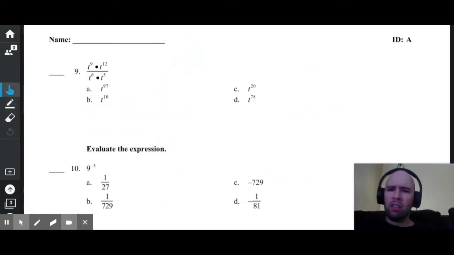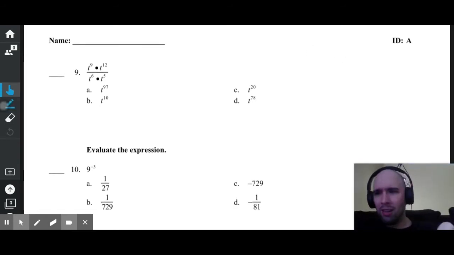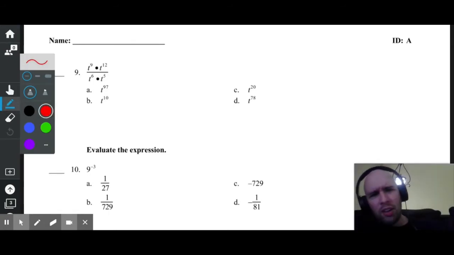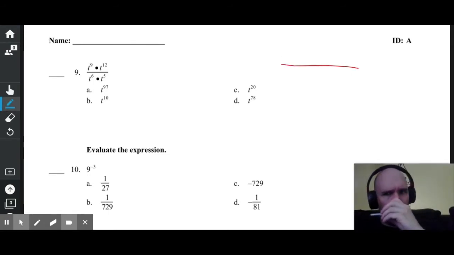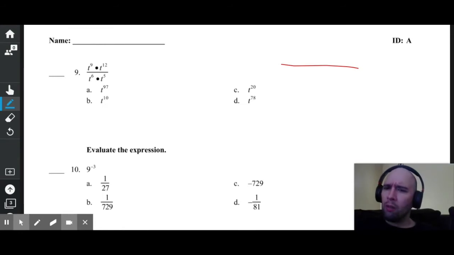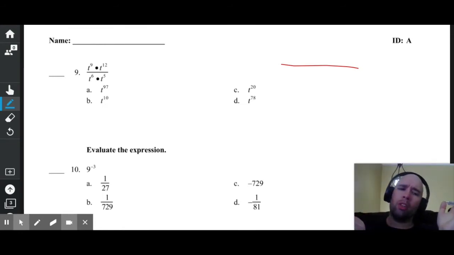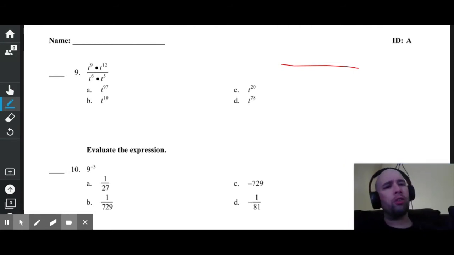All right, 9 is not too dissimilar from what we just did. 9 upstairs, you have 9 T's in one room, and in another room upstairs you have 12 T's. So if I have 9 T's over here, and you have 12 T's over here, and you add up all those T's, you have 21 T's.